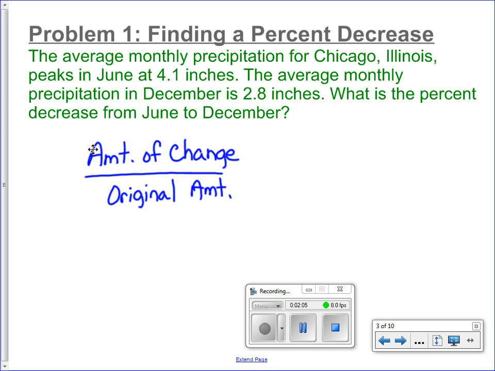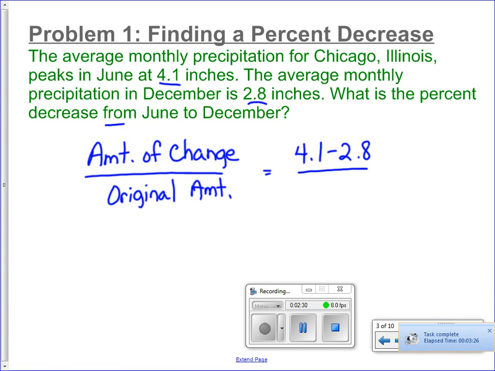The amount of change is going to be 4.1 minus 2.8. In other words, the change is finding the difference between the two amounts of precipitation. Then we're going to divide that by the original amount. Well, they want to know the percent of decrease from June.